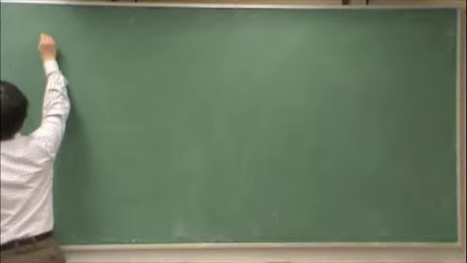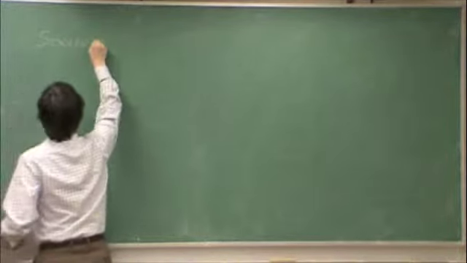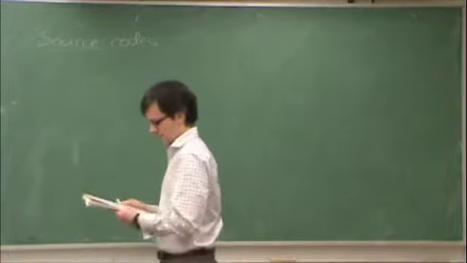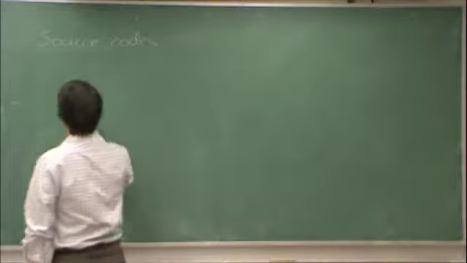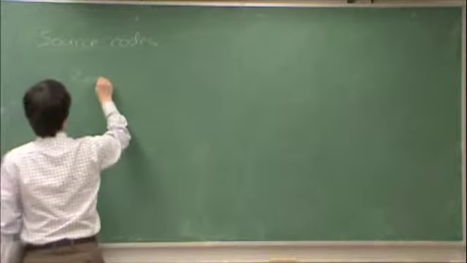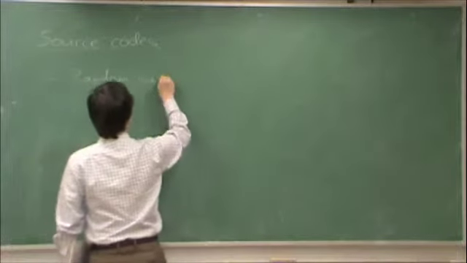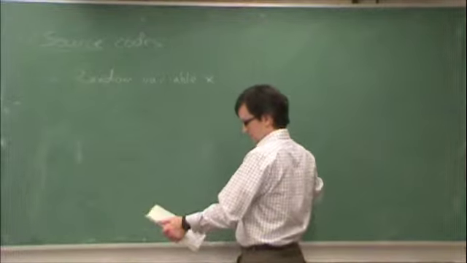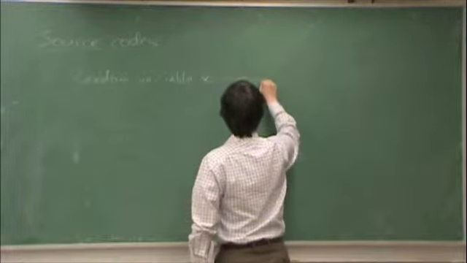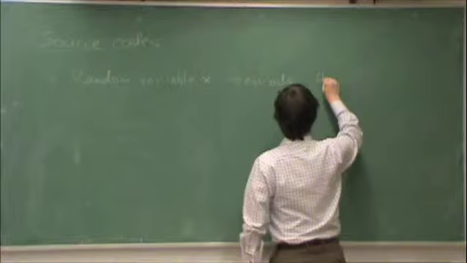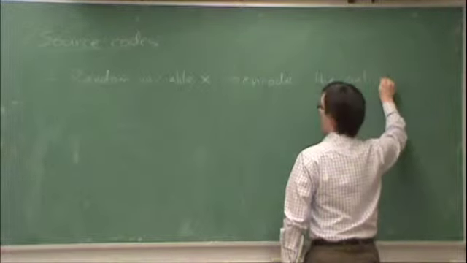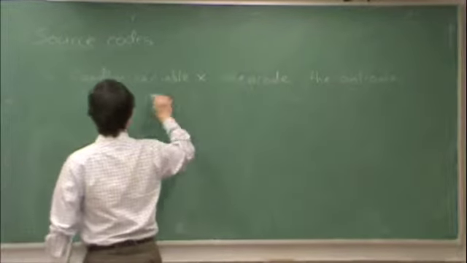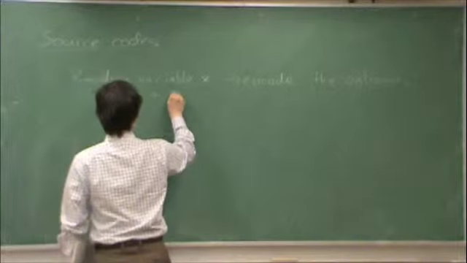So let's define a few things related to source codes. So we have a random variable X, and the idea is we want to encode the outcomes of X in a source code.